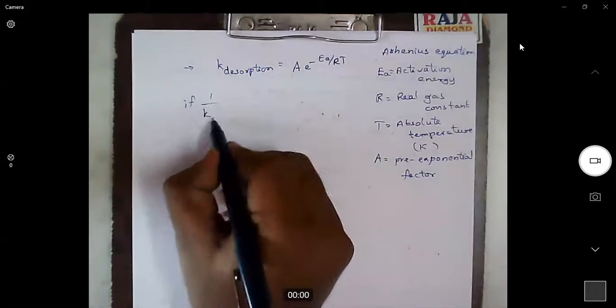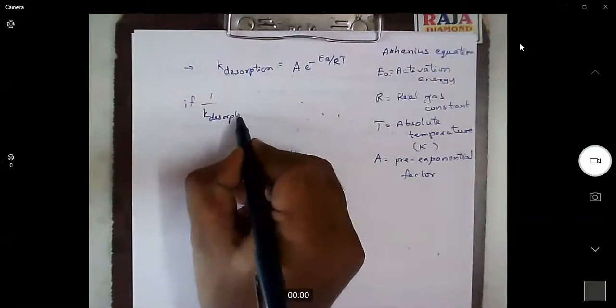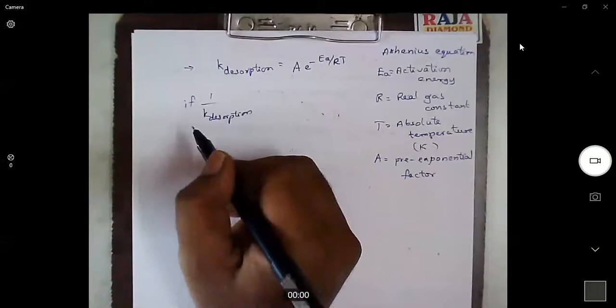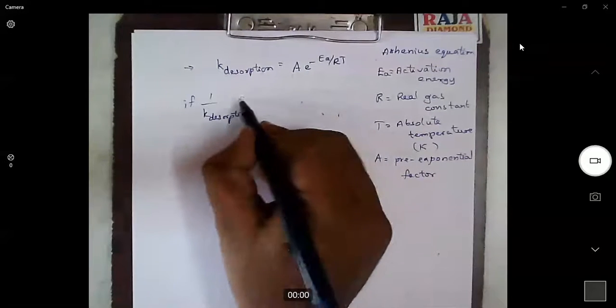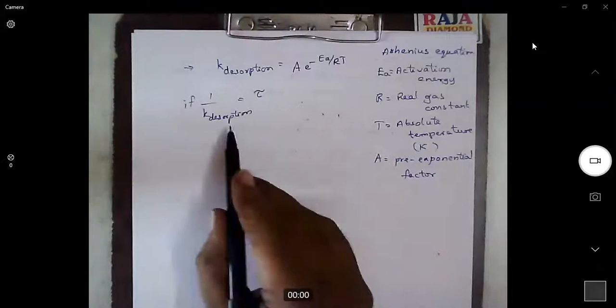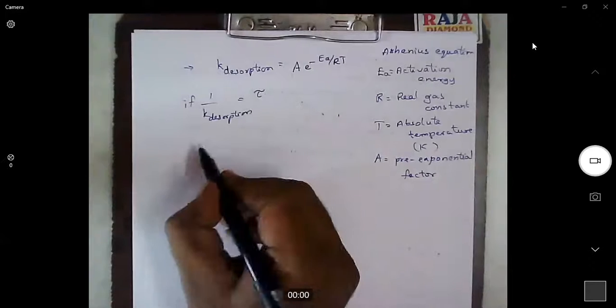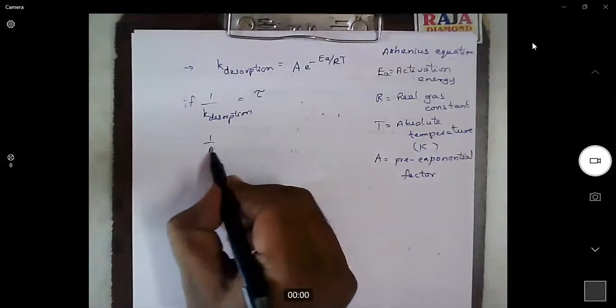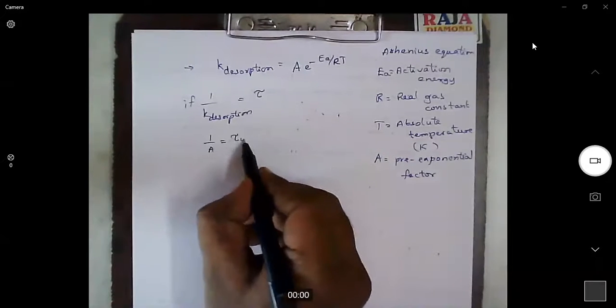Now, if 1 by K desorption is considered as tau, then we can consider 1 by A as tau naught.